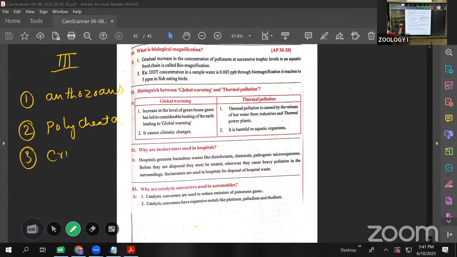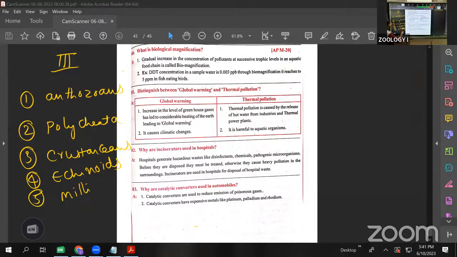The crustaceans last time they gave, anyway you learn this one also. And the echinoids, and the differentiation between the millipede and the centipede. These 5 answers you learn from the third lesson. Third lesson SAQs. Next is the fourth lesson SAQs.